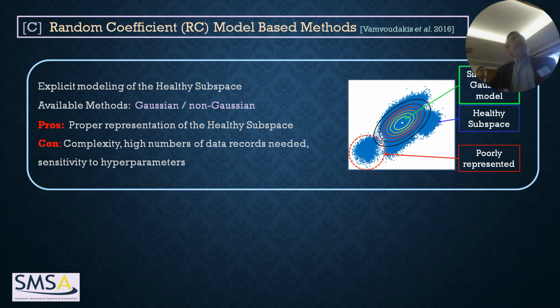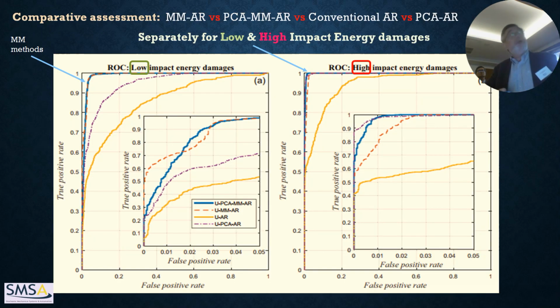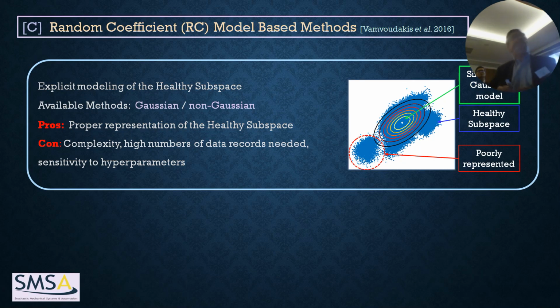Another possibility that is an all-inclusive method basically is to go to the feature space that we have here and to model the variability by using probability density functions.